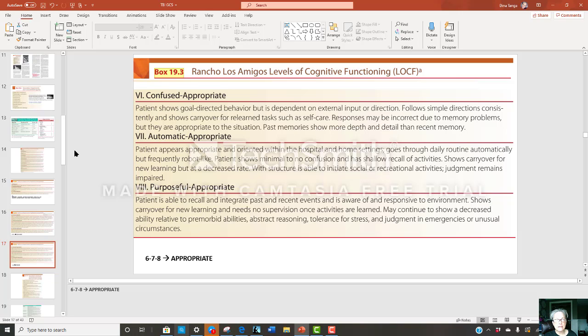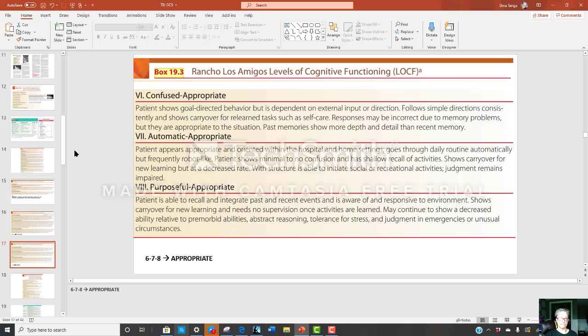So automatic and appropriate. In familiar settings like the hospital and home settings, the patient can be appropriate and oriented. Goes through the daily routine automatically. I get out of bed, I go eat breakfast, I put my clothes on, I sit in my chair.